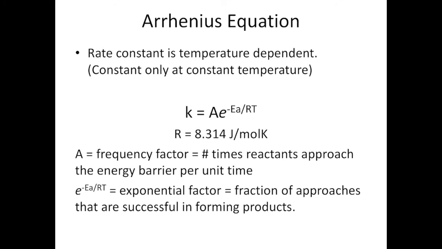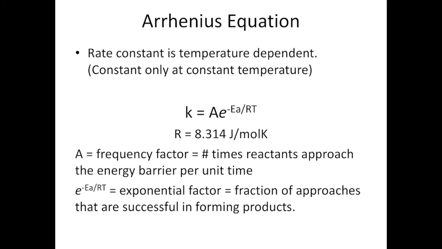So the Arrhenius equation basically will relate rate constant to activation energy barrier at a given temperature. Rate constant is temperature dependent. So if you are running a temperature dependent study where I'm going to measure the rate at 0 degrees, at 20 degrees, and at 40 degrees, say, your rate constant will change at each different temperature.